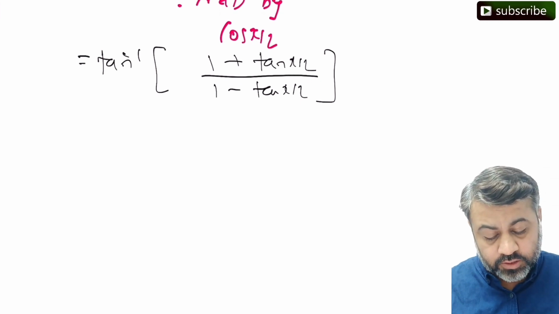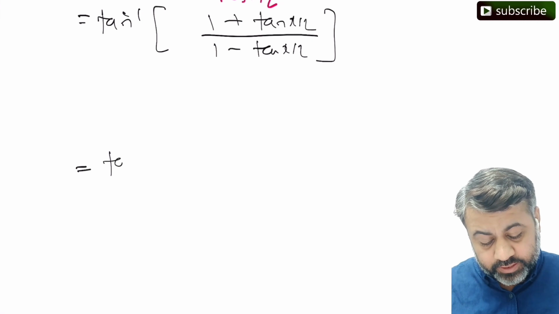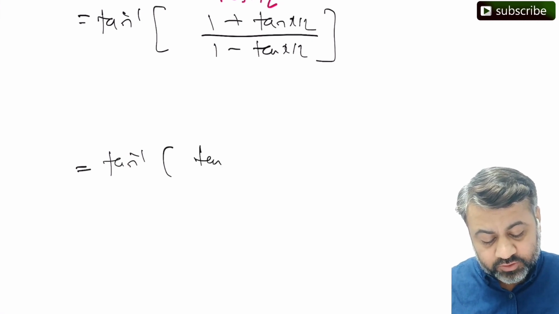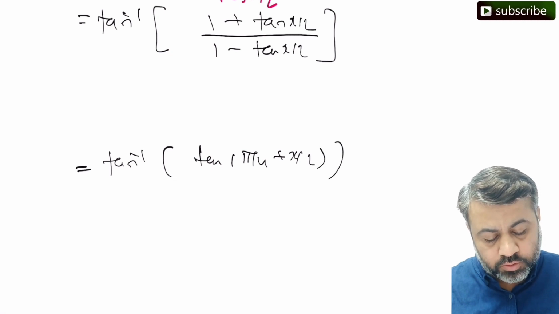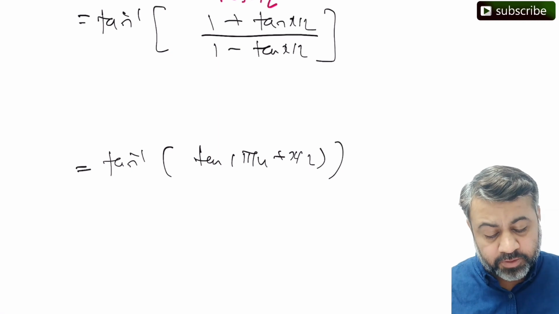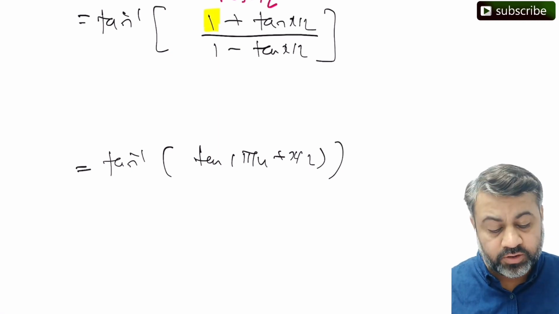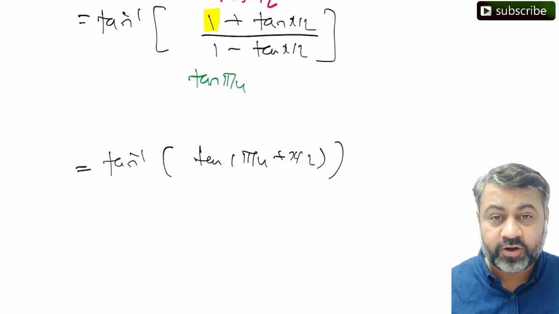What next? Now this actually can be written directly as tan inverse of tan of pi by 4 plus x by 2. But why? That is not clear in some of the students' minds. So let me explain what exactly is happening here. Can I replace this 1 with tan pi by 4? I can write 1 as tan 45, right?